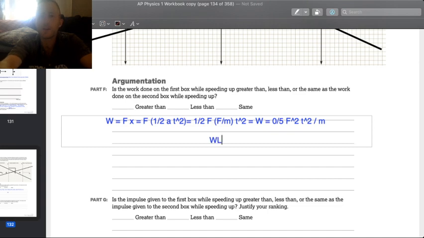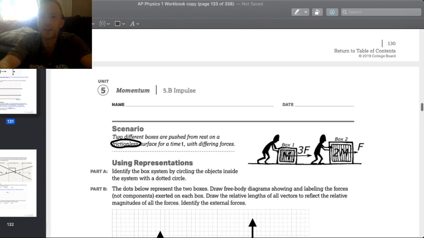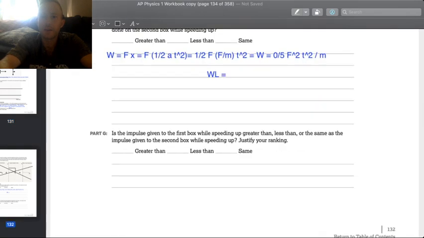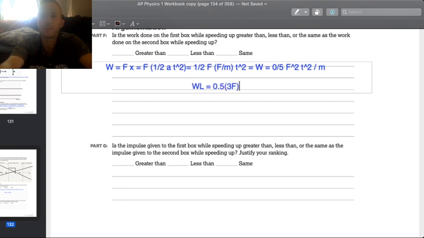In the left system, we have a force 3F and a mass m. So we have 1/2 times 3F quantity squared. The times are the same for both of them, and the mass is just m. So that gives us 9 times the quantity 0.5 F squared t squared over m.